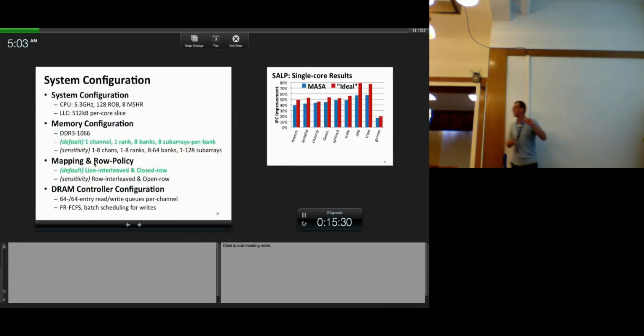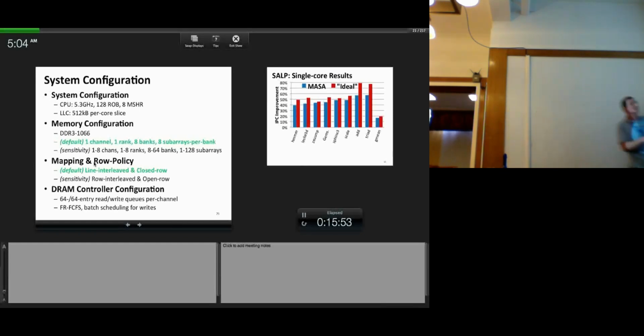Let's take a look at a little bit of the data. So we have a detailed DRAM simulator to simulate this, and we've looked at a bunch of different configurations. I'm going to show you results with one configuration, very limited, but you can look at the paper for more details. And you already know about a lot of these things that we've discussed in the basics lecture. So you can imagine this has an effect.